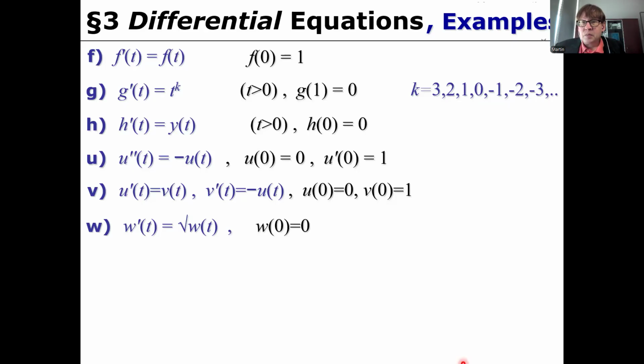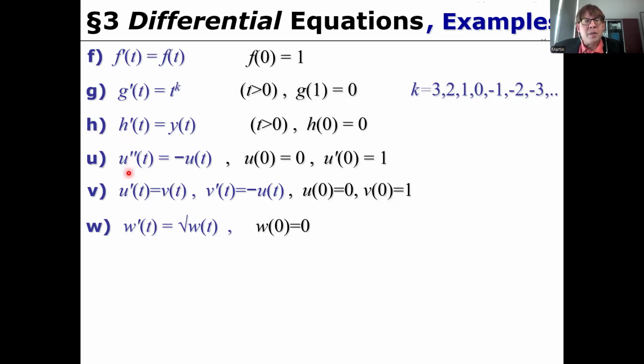We learned about differential equations. Differential equations are equations that involve the derivative of a function. Here you see examples like f prime, g prime, h prime. All these primes denote derivatives of a function.